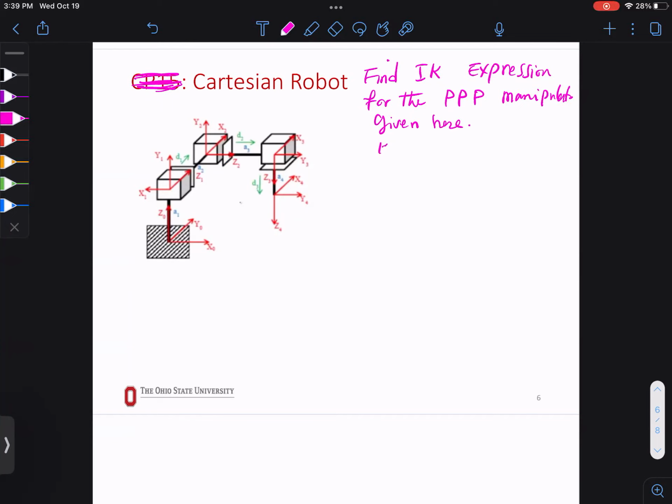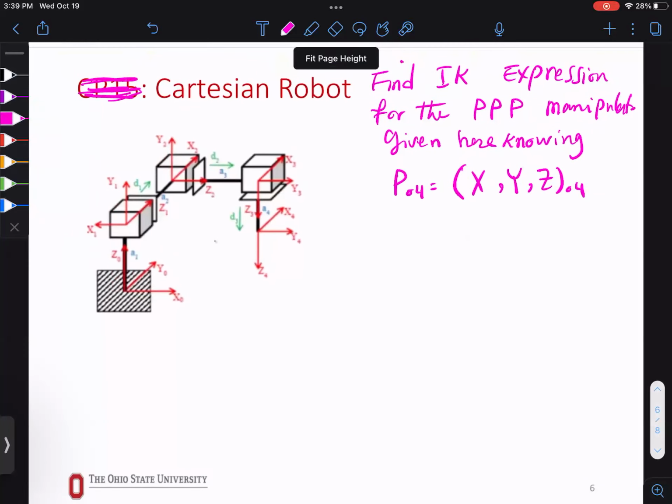Knowing P04 is x, y, z. So you know the end effector, because that is the inverse kinematic problem.